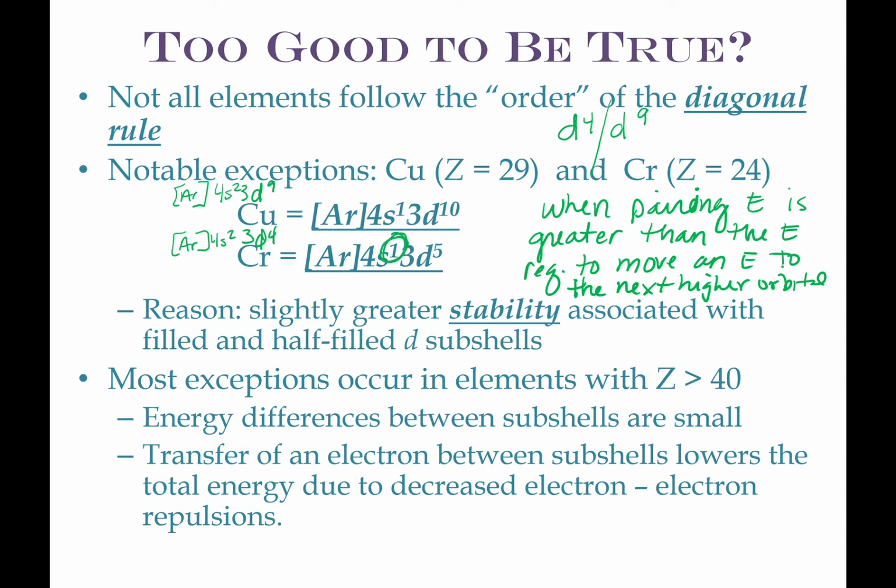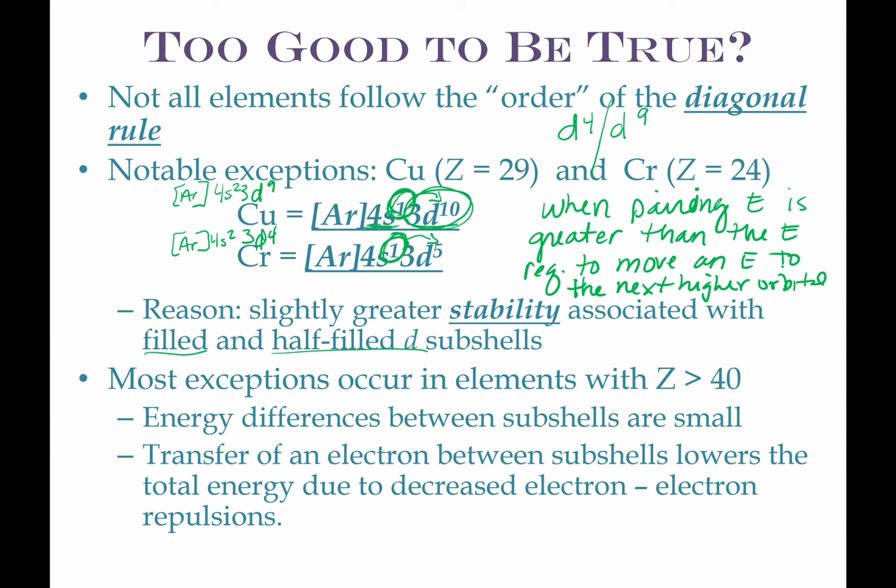But what happened is they took one of the s electrons and promoted it up to the d orbitals. So it results in slightly greater stability because generally filled and half-filled d subshells are more stable. So I'm actually filling an entire shell when I fill off that 3 shell than when I have them in the 4th energy. So instead of having n equals 4, I now can be filling the n equals 3.